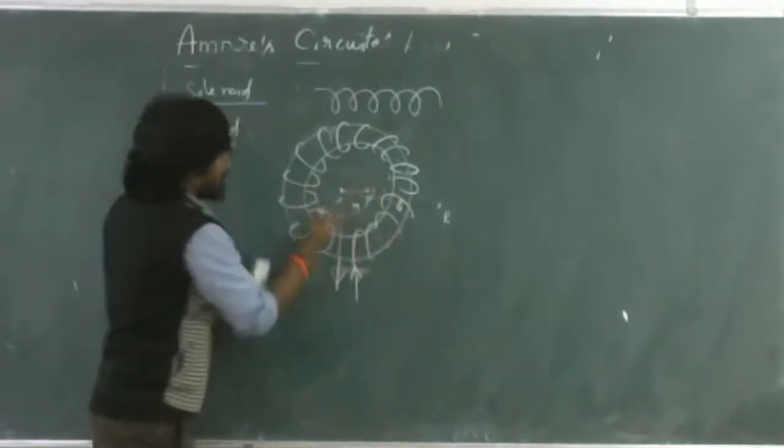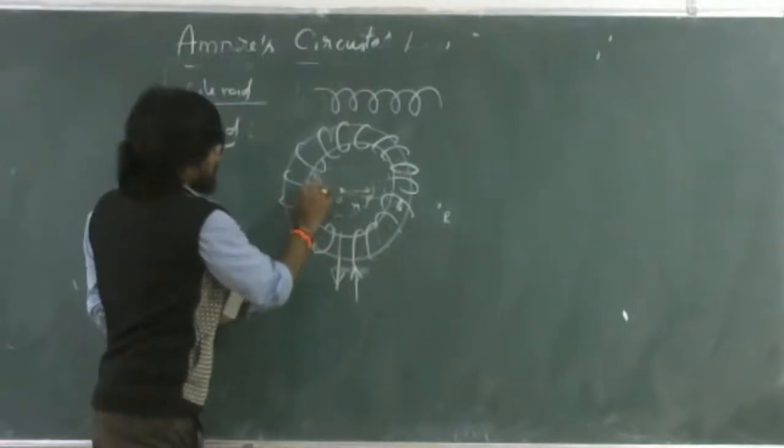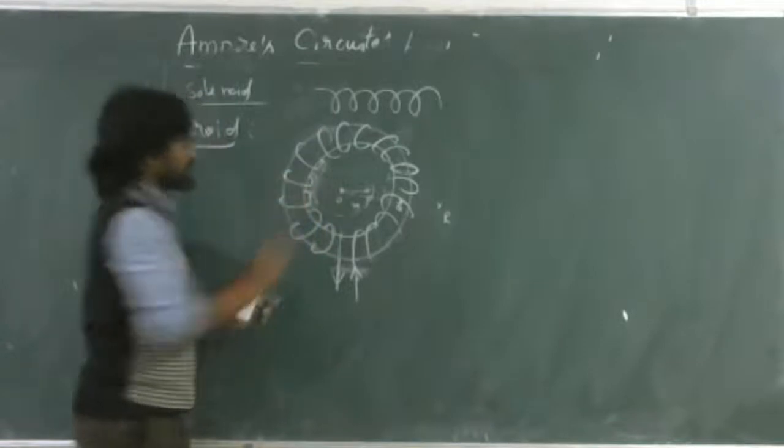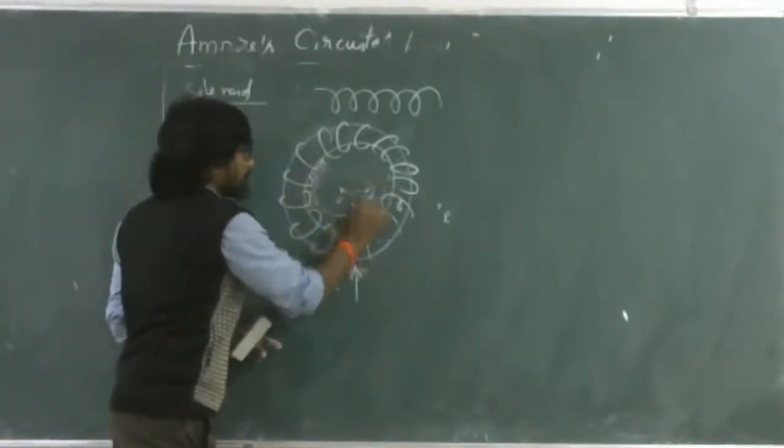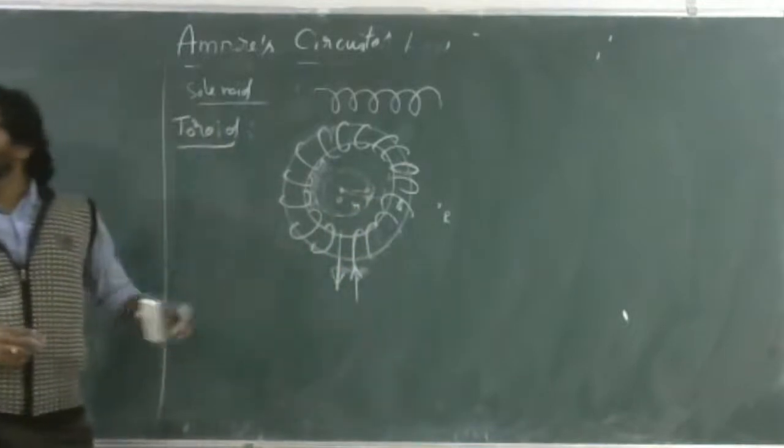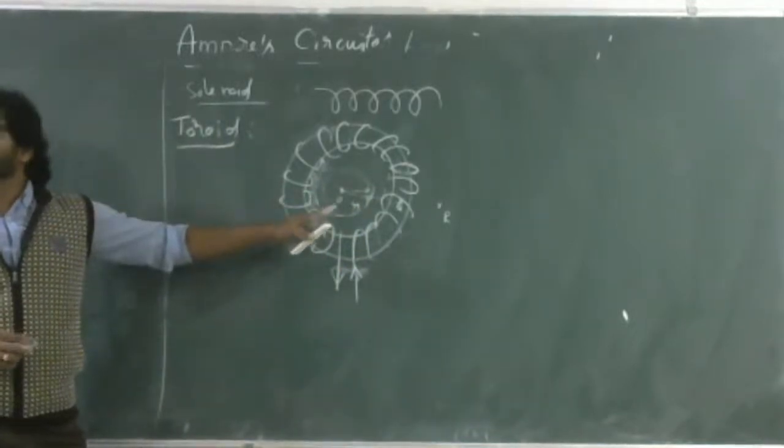This will be the loop like this. There will be no current enclosed by this loop.